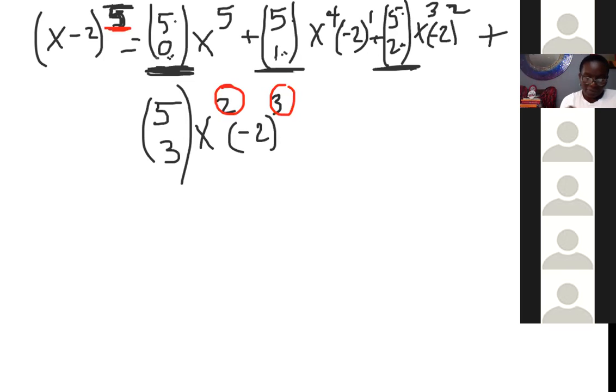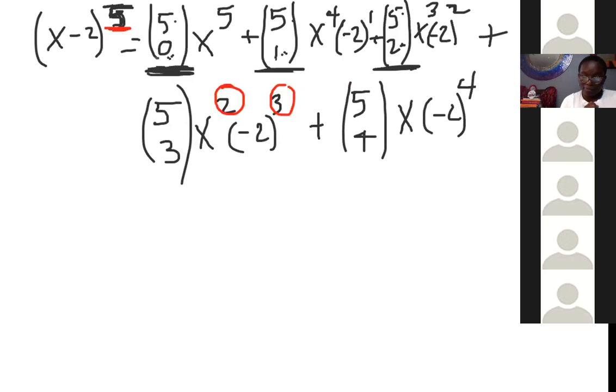All right. I am going to move on, guys. Next term is going to be 5 choose 4, and x times -2 to the 4th power. The next term, I am going to get to the next line because I think some of you might not be able to see it.